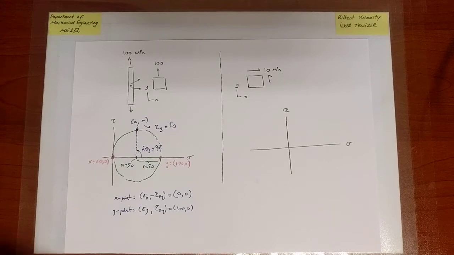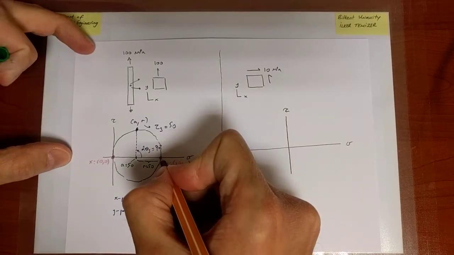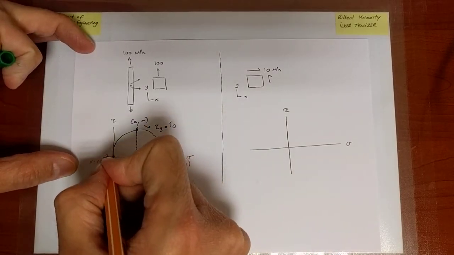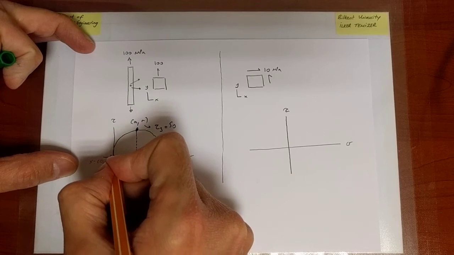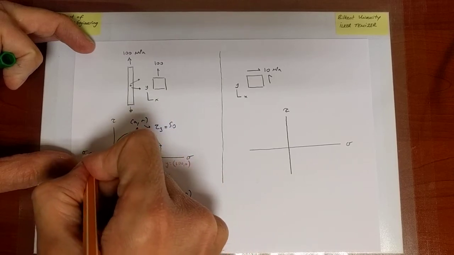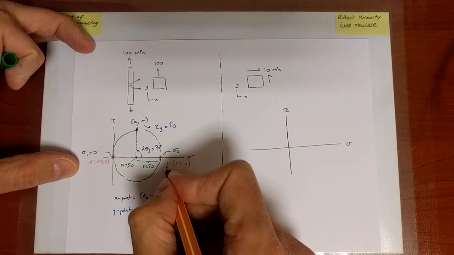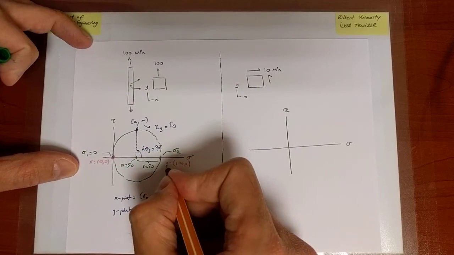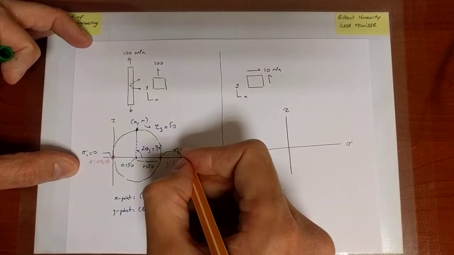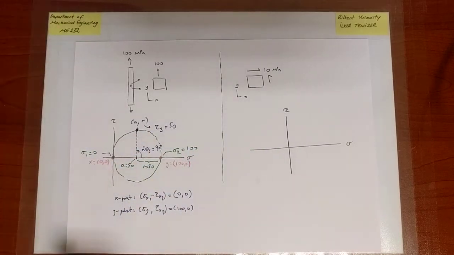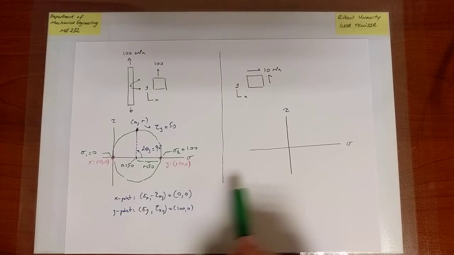In fact, here we already know that these are the principal directions. If I indicate this as sigma 1, it's already equal to 0. And sigma 2, if I interpret that to be the principal associated with y, so 2 for y, 1 for x, that is already 100. So that's easy.